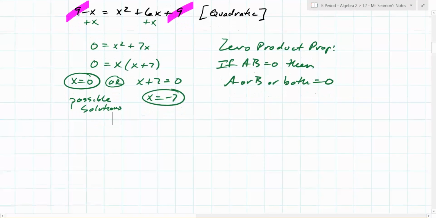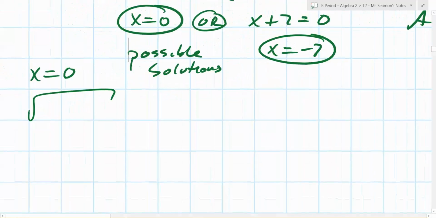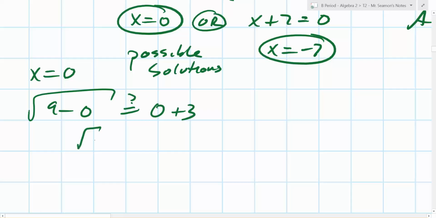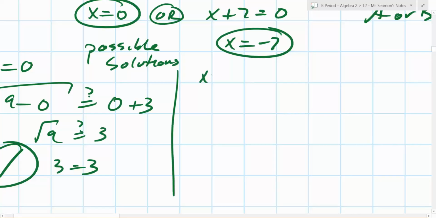So let's check x equals 0. It's the square root of 9 minus 0. Does that equal 0 plus 3? Does the square root of 9 equal 3? 3 does equal 3, so yes, it does. But what about x equals negative 7?